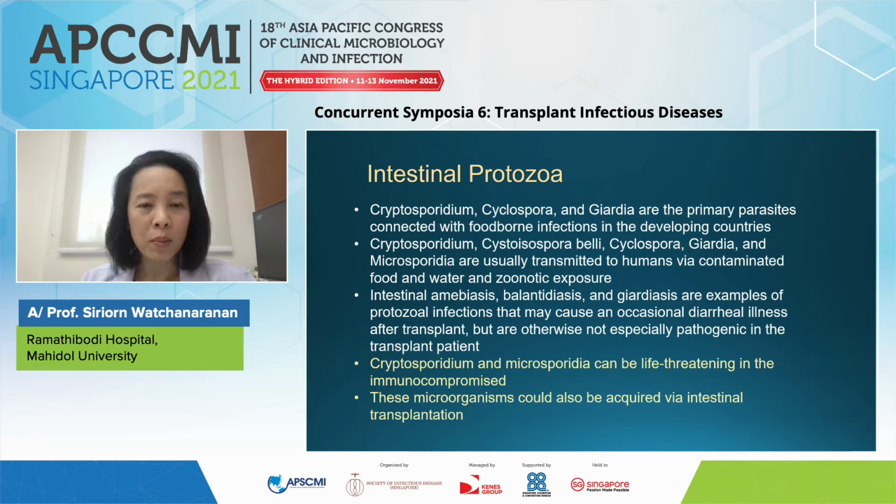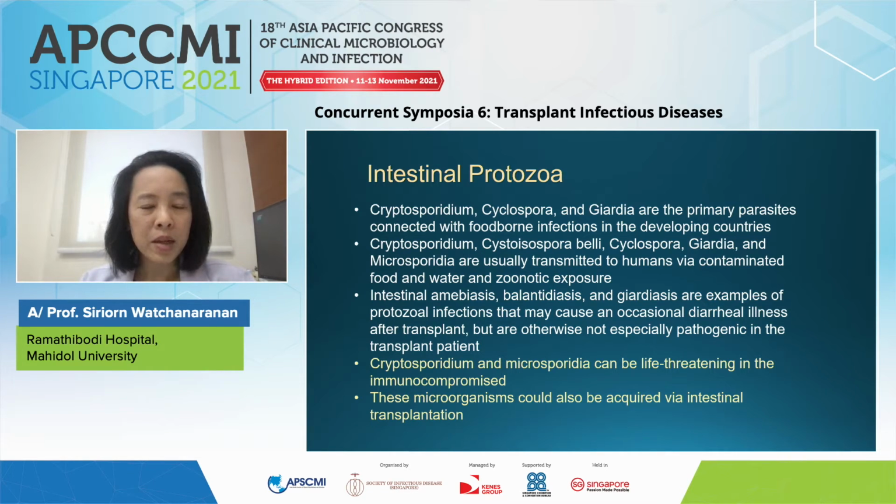Intestinal protozoa, moving on. We just talked about Strongyloides. We are now focusing on protozoa. Protozoa are seen in developing countries and can be transmitted to humans via contaminated food, water, and zoonotic exposure. There are a variety of pathogens, including Cryptosporidium, Cyclospora, Cystoisospora, and Giardia.